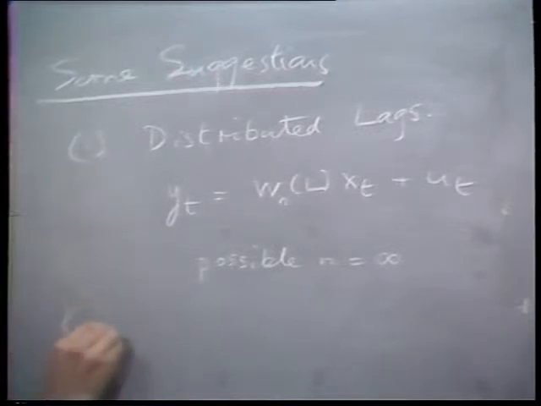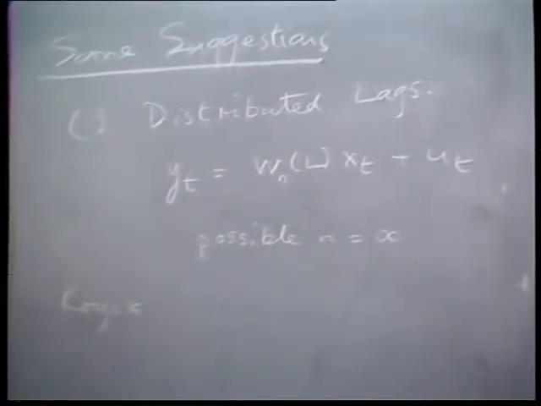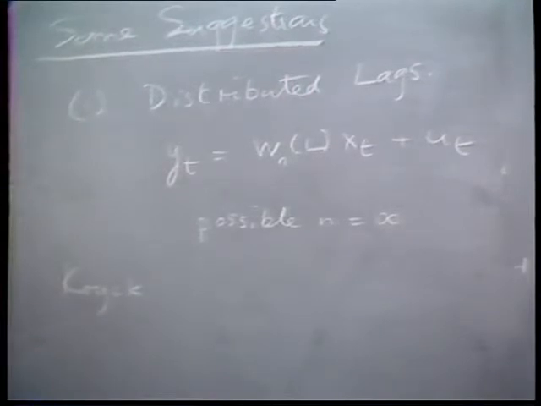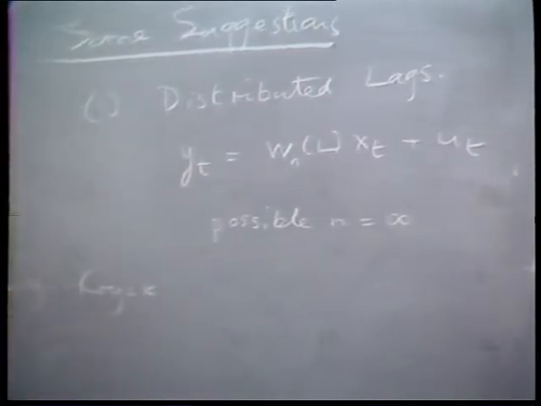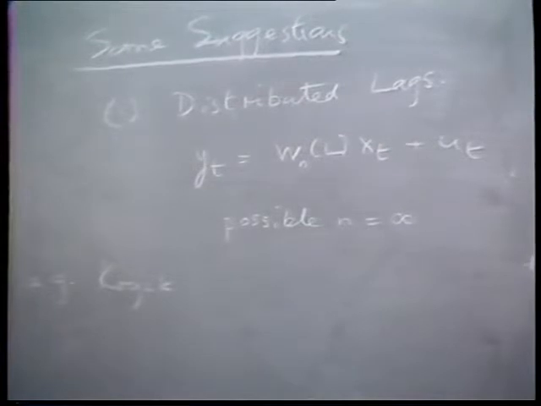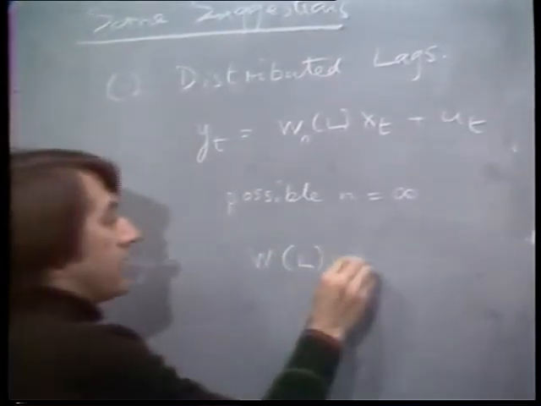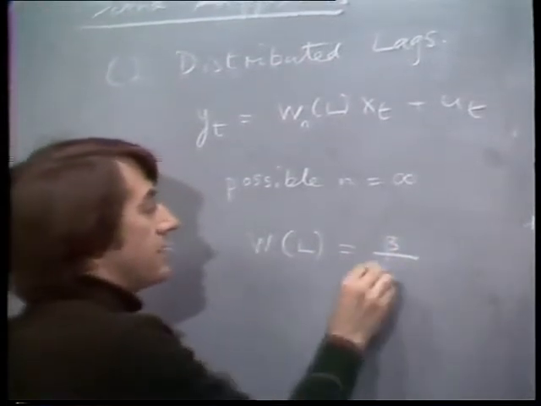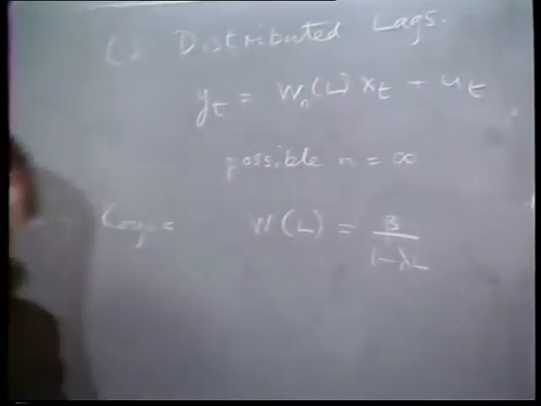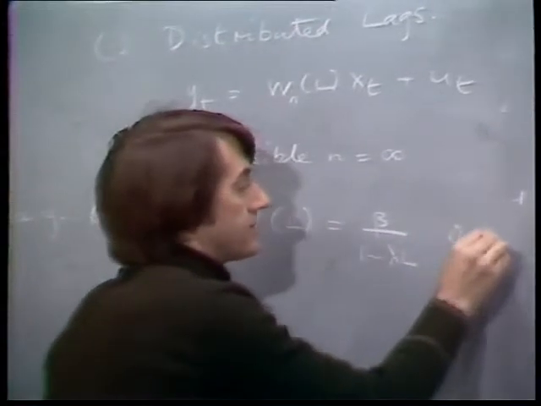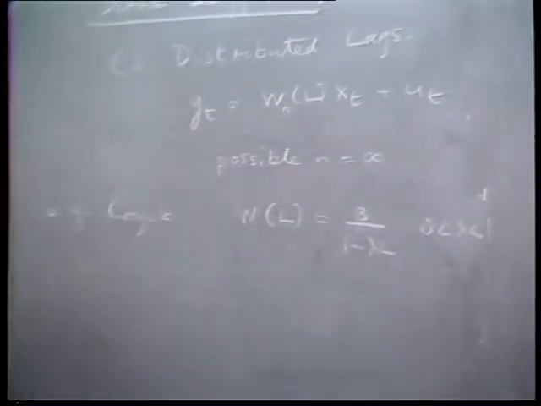And the Koyck representation is one very simple and well-known finite parameterization. So that W of L in the Koyck case is said to be beta(1 - lambda L), when lambda is positive and less than 1.